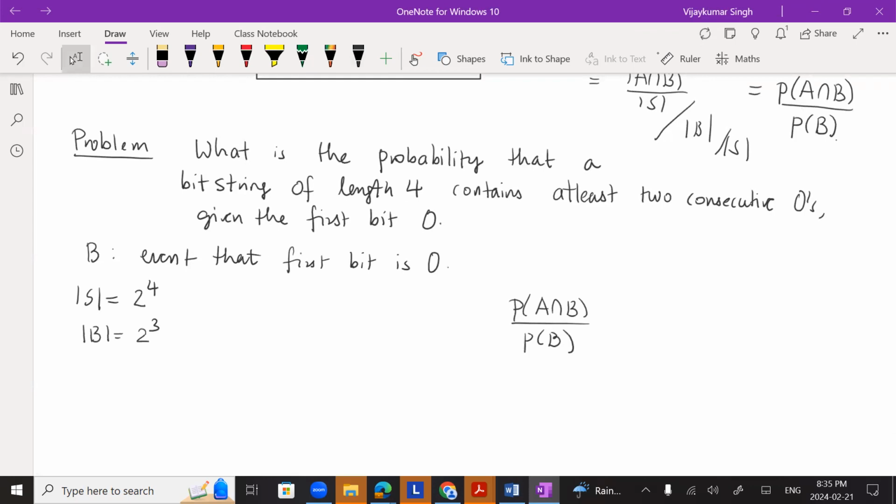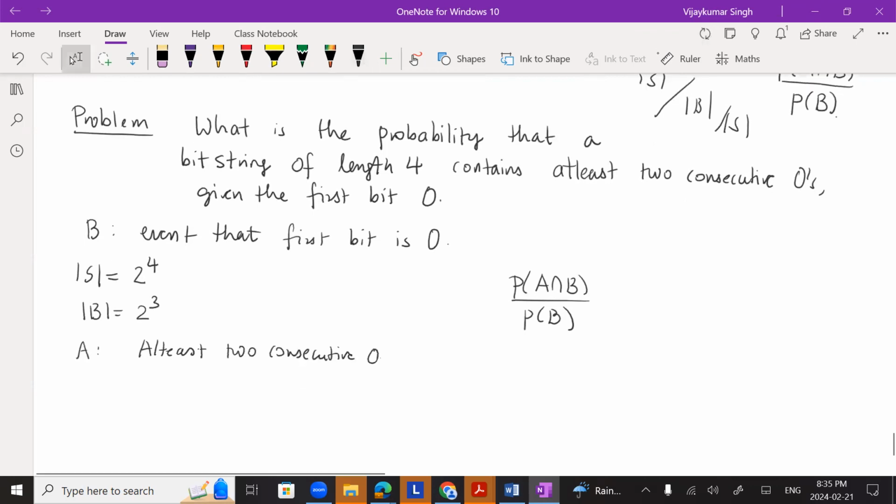Now you want to talk about A intersection B. So A is the event of at least 2 consecutive zeros, right?